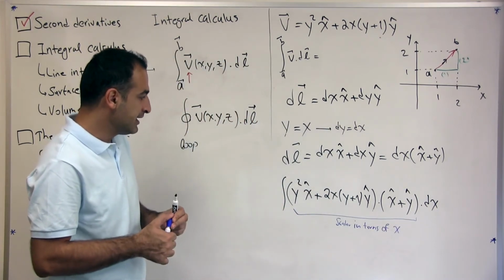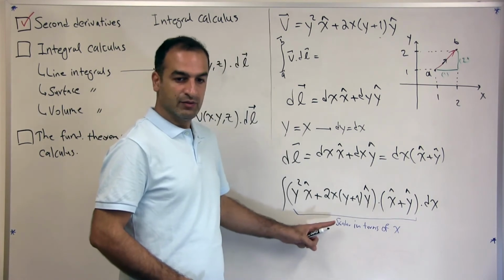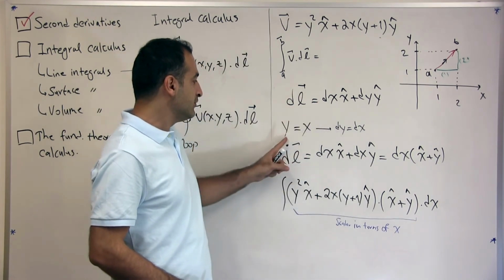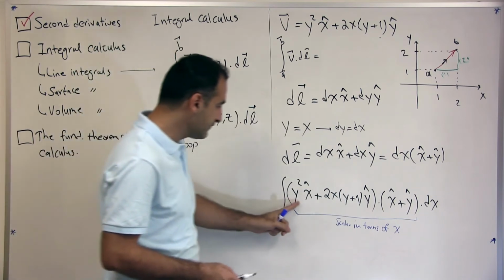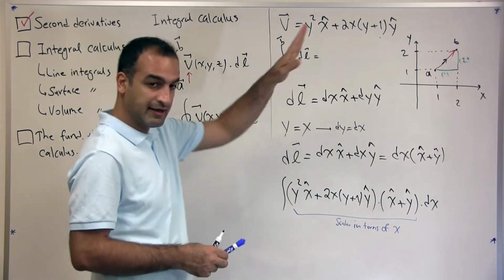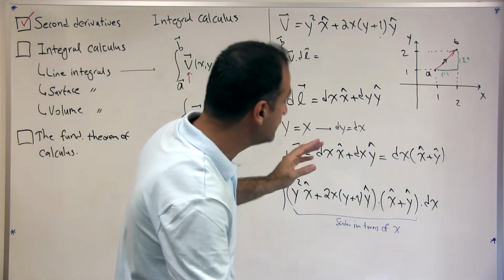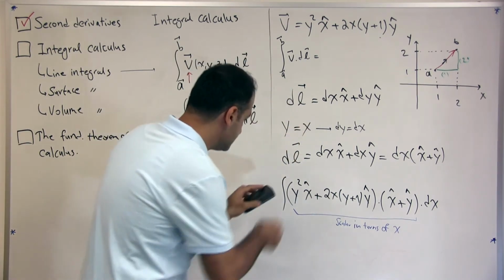Now, how do we write it completely in terms of x? We know we are moving on the path where y is equal to x. So for every y value here, we can switch it to x, because that's what we have when we move on the red line. I'm going to apply that here directly.